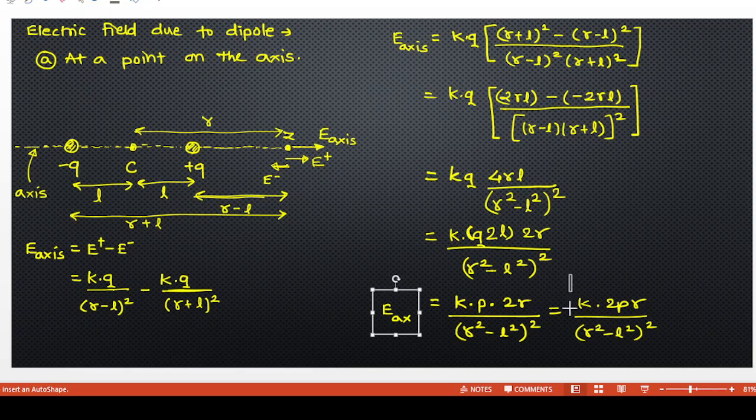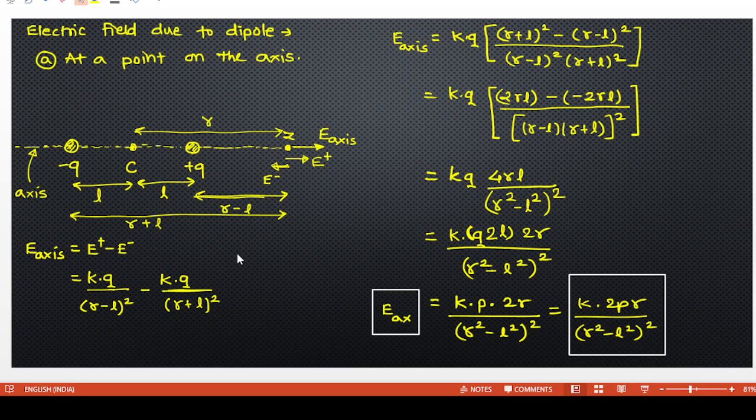This is the magnitude of electric field at a point on the axis of the electric dipole: k 2PR upon (r square minus L square) square.